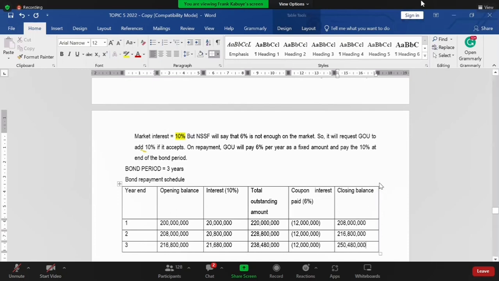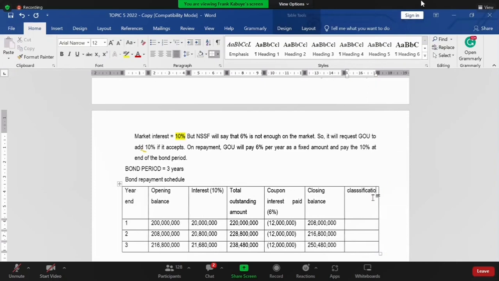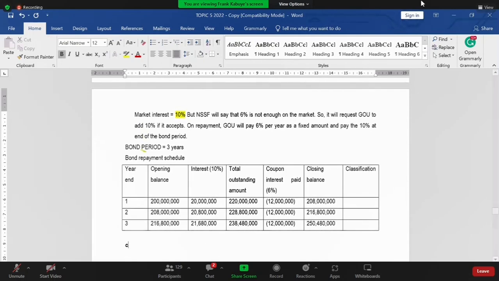Now, in your financials, the classification of this amount. In year one, what is to be current liability, what is to be non-current? So classification at the end of year one.